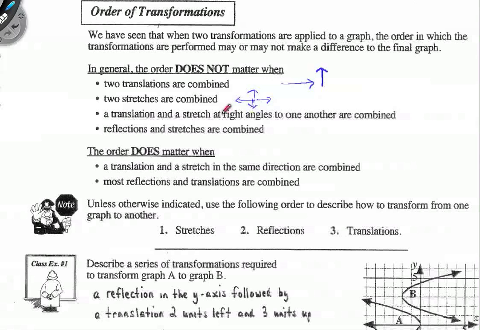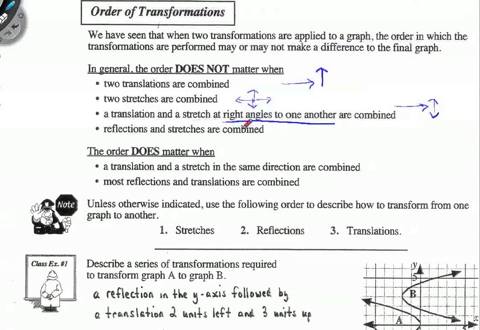Translation and then a stretch, as long as they are at right angles to one another. So translation means we go one way, and then we do a stretch at 90 degrees. Then as long as these two things are at 90 degrees, it will not matter which order we're doing it in.